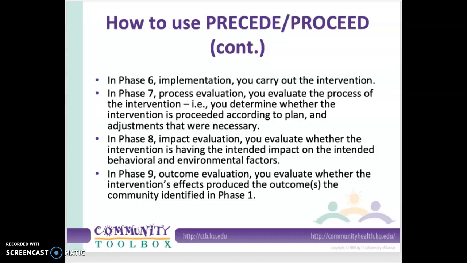And very often adjustments need to happen, and you'll just document those changes, such as we planned to go 3 times, we only went 2 because of inclement weather, or there were 2 people on the post-test who did not participate in the post-test but were part of our pre-test, so we had to adjust our reporting, whatever it might be. That's the process evaluation.